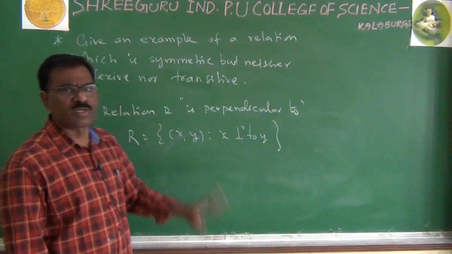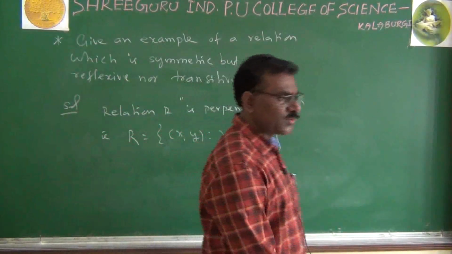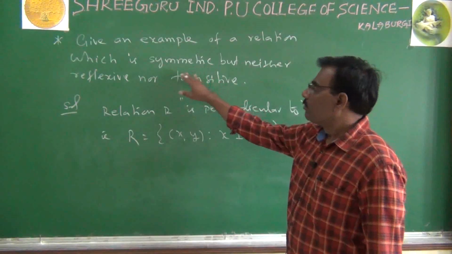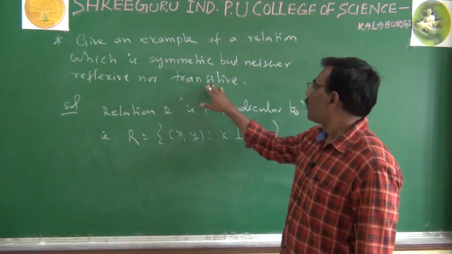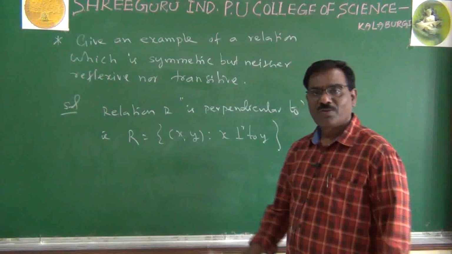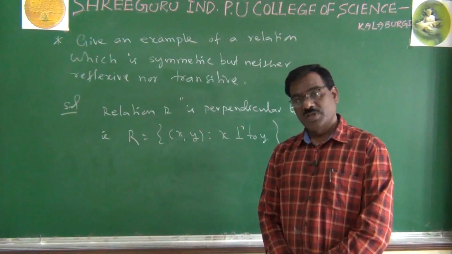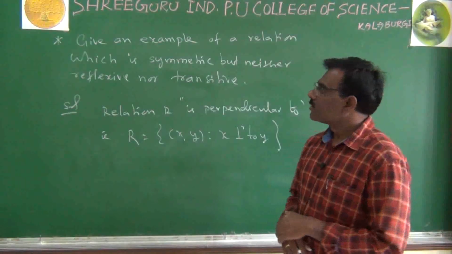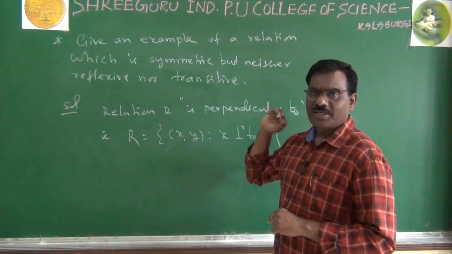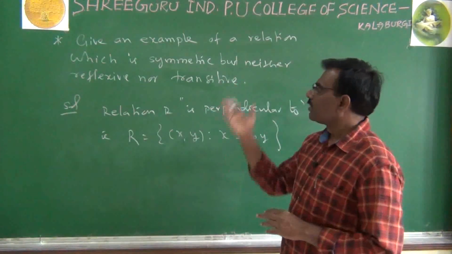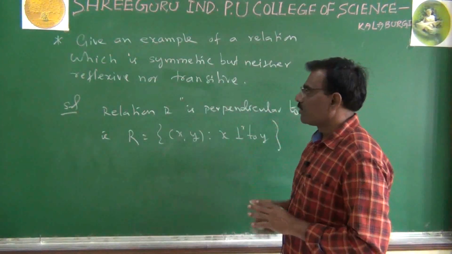Relation R is perpendicular; it is symmetric, but neither reflexive nor transitive. Only one line, because the mark is one only. If it is a three marks question, then we ask all three. Examine whether the relation R is symmetric but neither reflexive nor transitive.